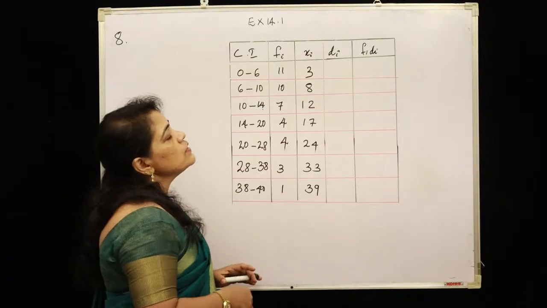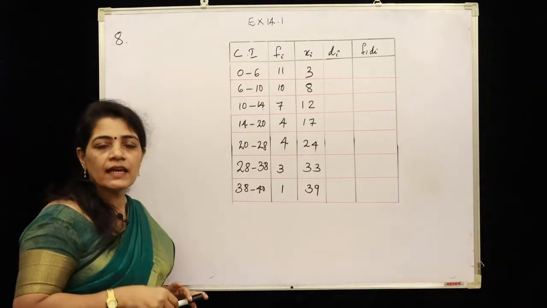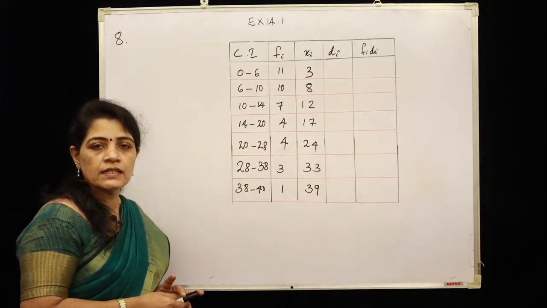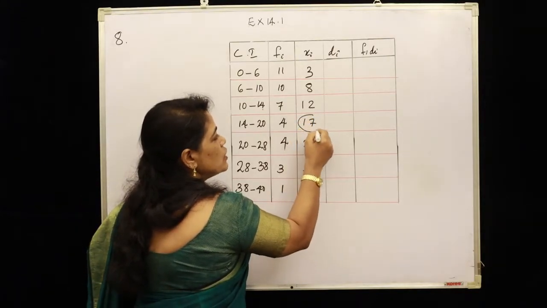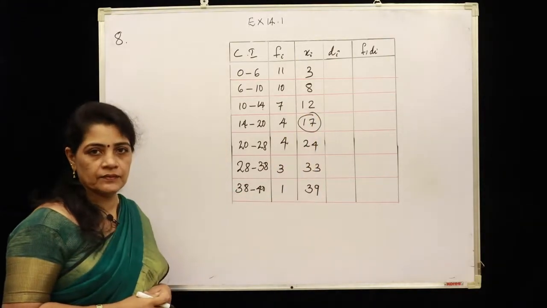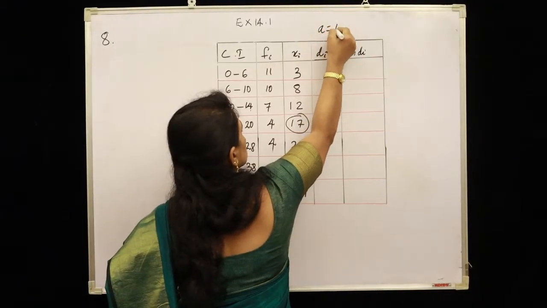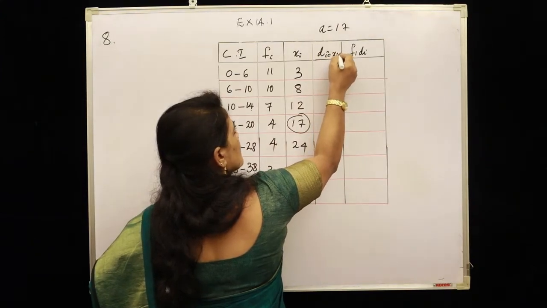Next we have to find a value among these xi's and assume it as the mean, the assumed mean. That is the next step. We can select one from these xi's as the assumed mean. I am selecting 17, so we can write a is equal to 17, and di is nothing but xi minus a.